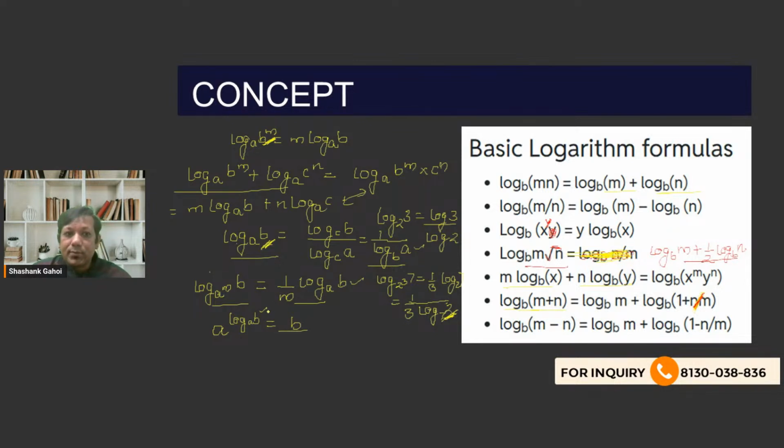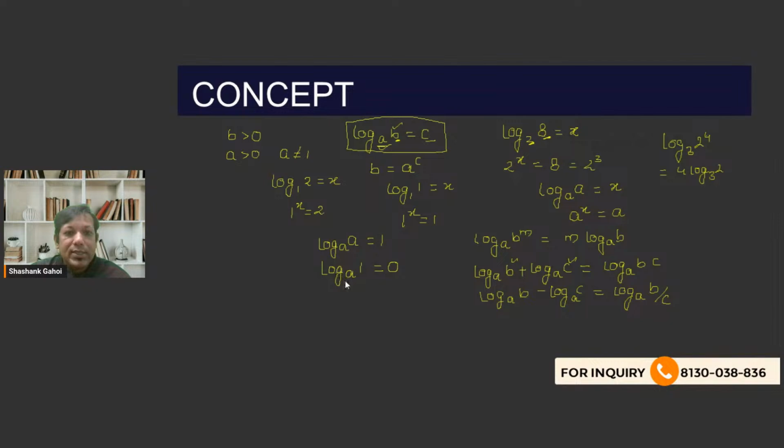So these are the basic formulas of log that we have discussed, and every question that we are going to talk about will eventually depend on these formulas only. So I'll write down all the formulas point-wise. This is the basic definition, something everyone must know, because without this you can't understand log.